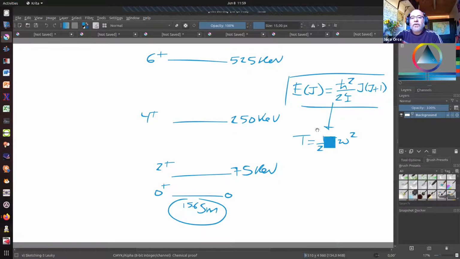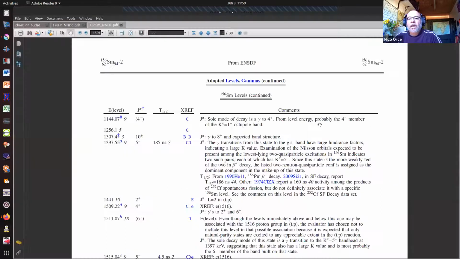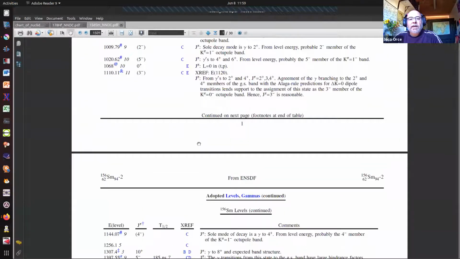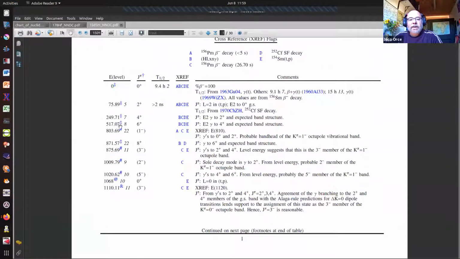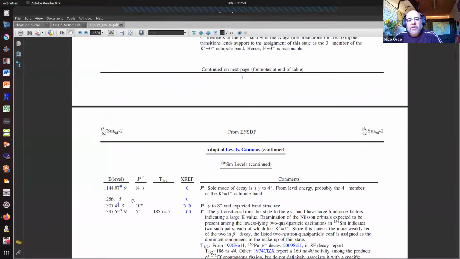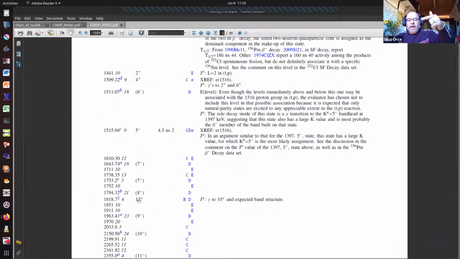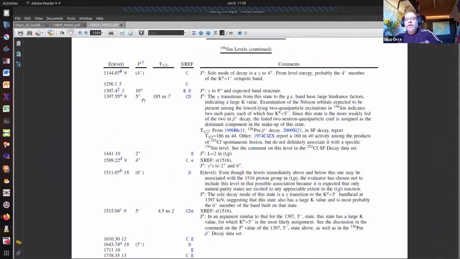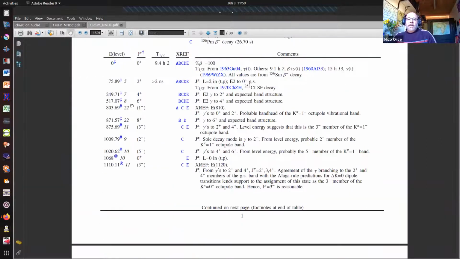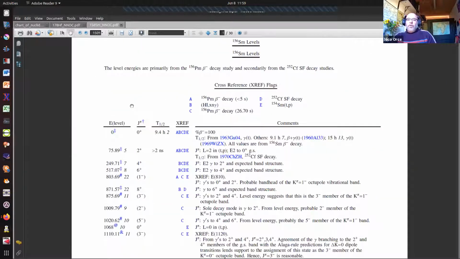So 525, what is the next one here? 517, okay, so almost there. The next one we can also calculate will be an 8 plus, then a 10 plus, always in units of 2 angular momentum. The next one will be a 12 plus, and there will be other things, as you can see, but this is not the purpose of this lecture.